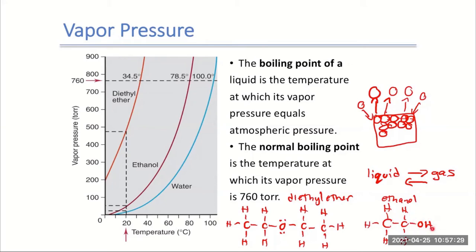Whenever we see OH, your first thought should be there's hydrogen bonding. And remember, hydrogen bonding is a very strong intermolecular force. So I have a very strong intermolecular force on this part of the molecule. Nothing like that exists in diethyl ether. And you can see the boiling point goes from 34.5 degrees Celsius up to 78. So even though ethanol is a smaller molecule, because it does hydrogen bonding, the boiling point gets raised a lot.